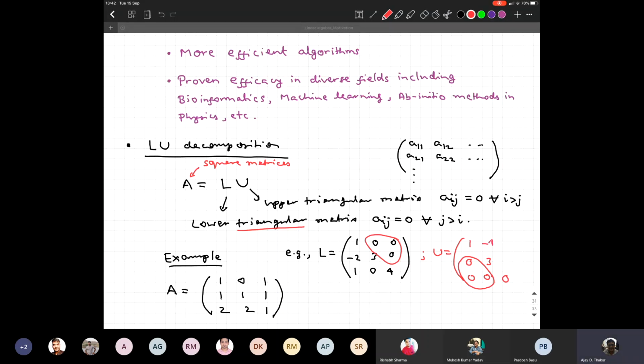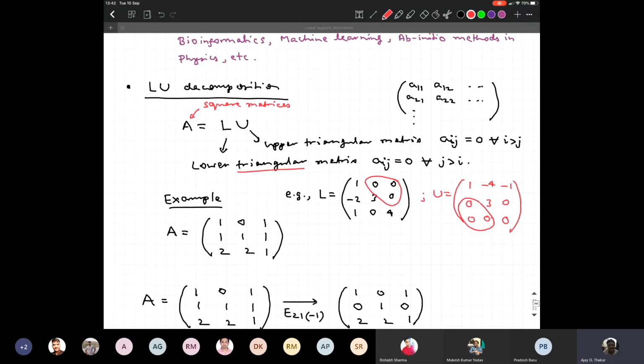And some of these elements have to be necessarily positive or negative, but non-zero. And it can also be 0. So this 0 that we are writing in the second row, third column could have been a non-zero quantity or a 0 quantity. But what is essential is all the Aij's for i greater than j have to be 0 for an upper triangular matrix.